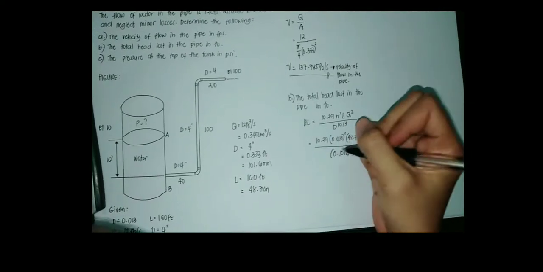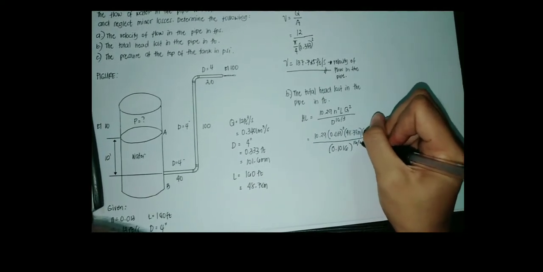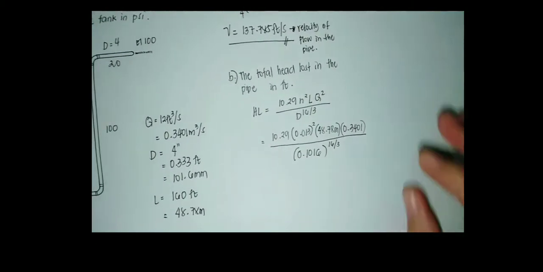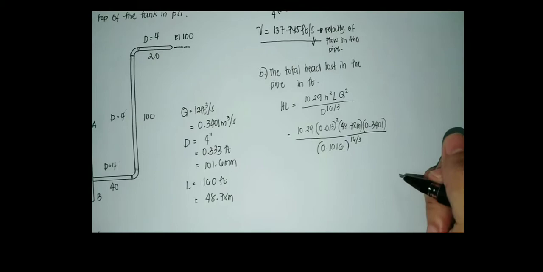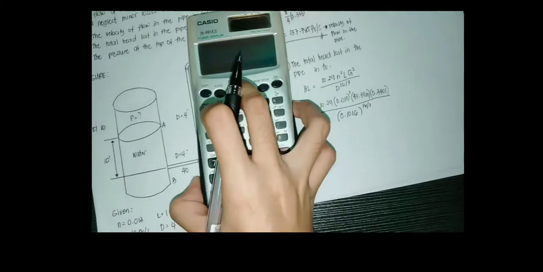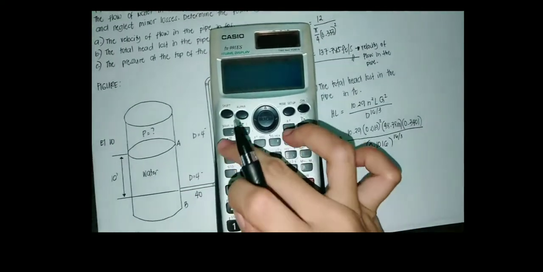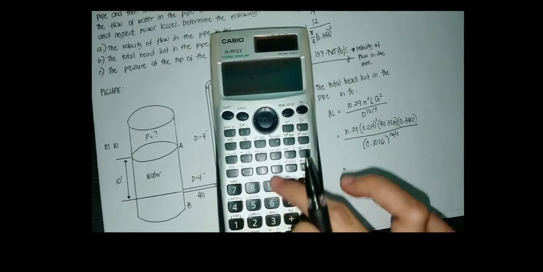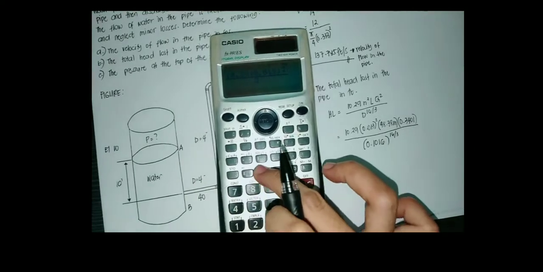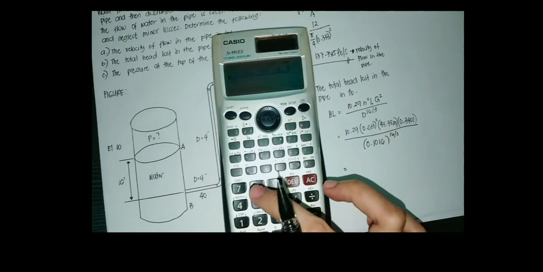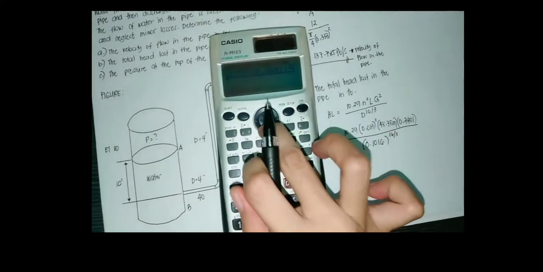0.1016 raised to 16 over 3. Let me bring it closer so we can see. Let's proceed and compute this on our calculator. We put 10.29 times 0.013 squared times 48.78 times 0.3401 squared.